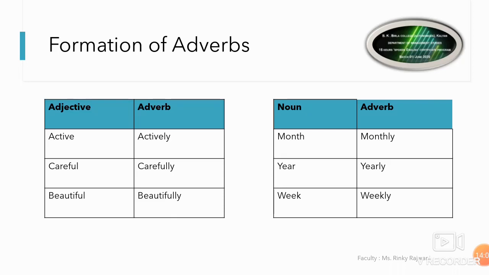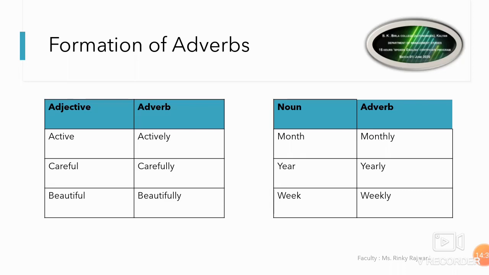Let's see the formation of these adverbs. How are these adverbs formed? These adverbs can be formed from adjectives or from nouns. Like if we have an adjective active, the adverb will be actively. Careful, carefully. Beautiful, beautifully. If we have nouns like month, monthly, year, yearly, week, weekly.